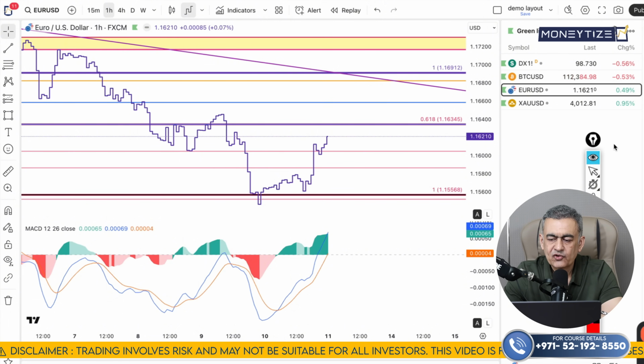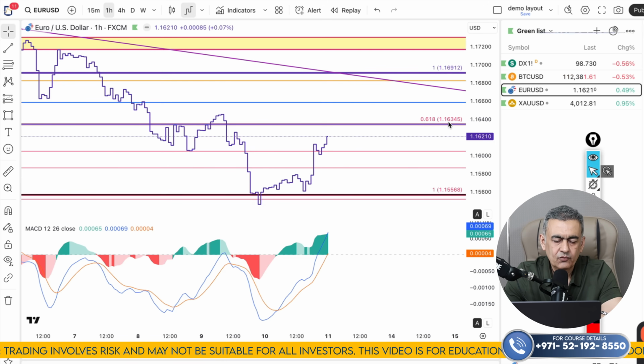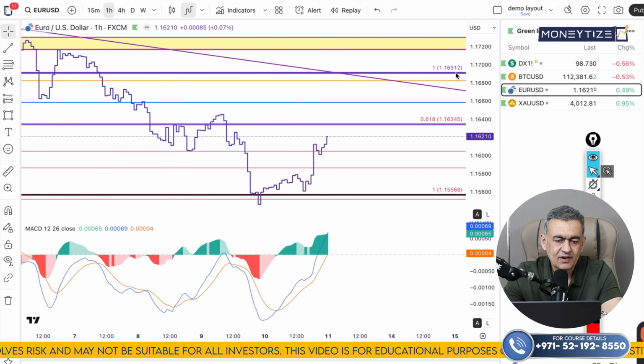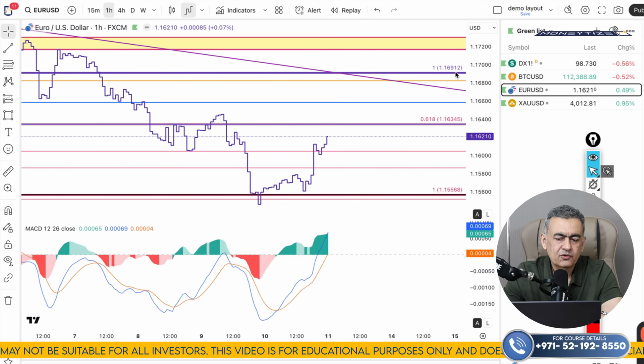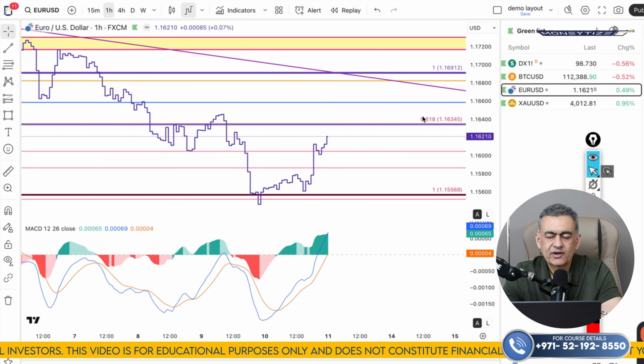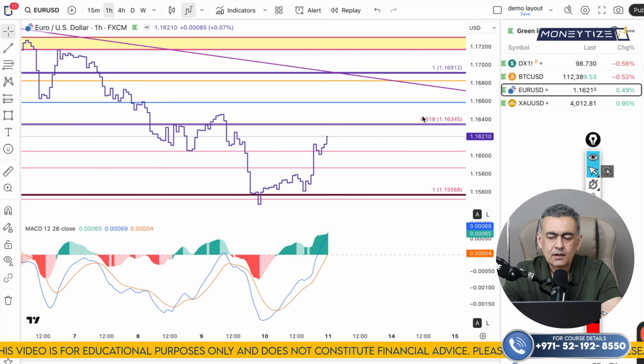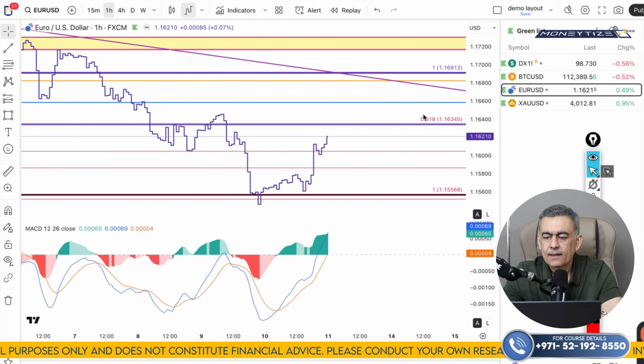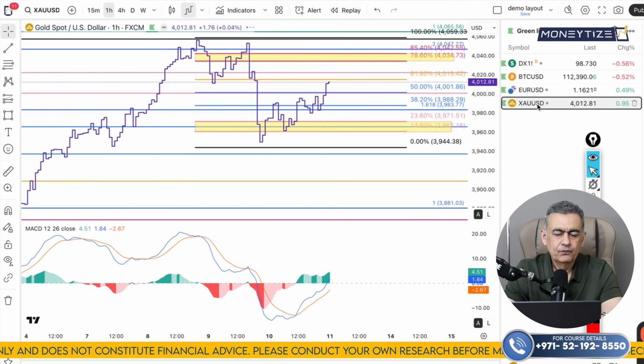So any rise towards 1.1634 followed by 1.1690 to be taken as an opportunity to sell in the short run and aim towards 1.1550 as the first downward target, and the next one would be 1.1430.